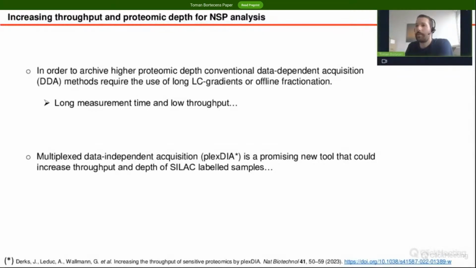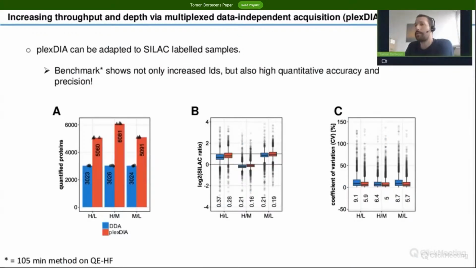There was a very nice paper which I encourage everyone to read, where they use this for non-isobarically labeled protein samples, and we adapted this now to also be compatible with SILAC labeled samples, and carried out an extensive benchmark to see if this new methodology and software is beneficial for the types of samples that we produce. I can only show a little bit of the benchmark here, not to make things too busy.